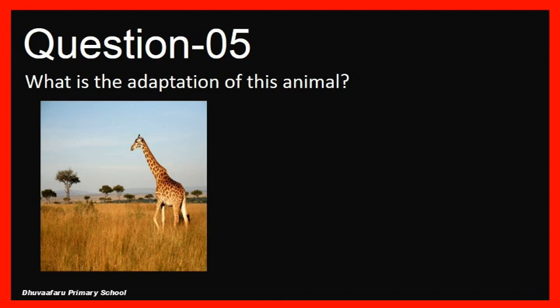The webbed feet of flamingo support them to walk in soft mud.